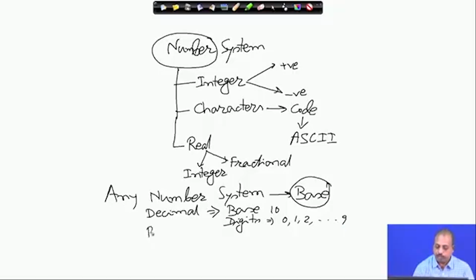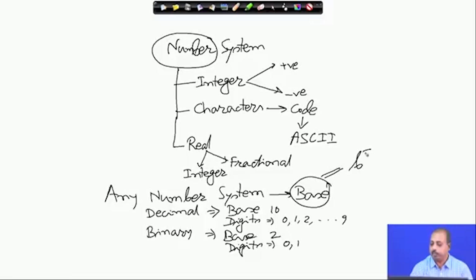If we consider the binary number system, the base value is 2 and the digits are 0 and 1. In general, if the base is equal to b, then there will be b possible digits in the number system.